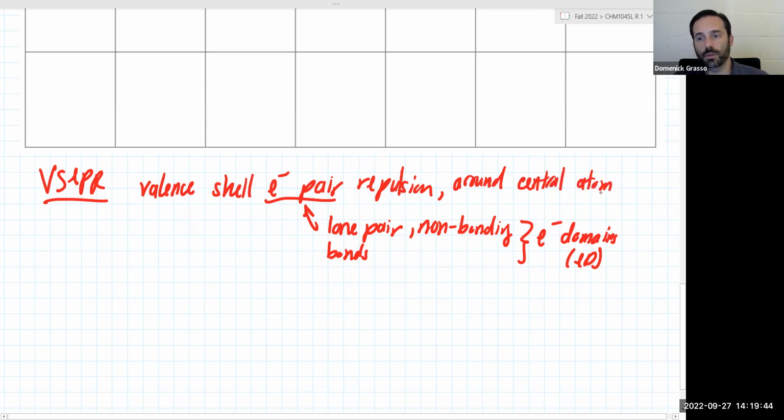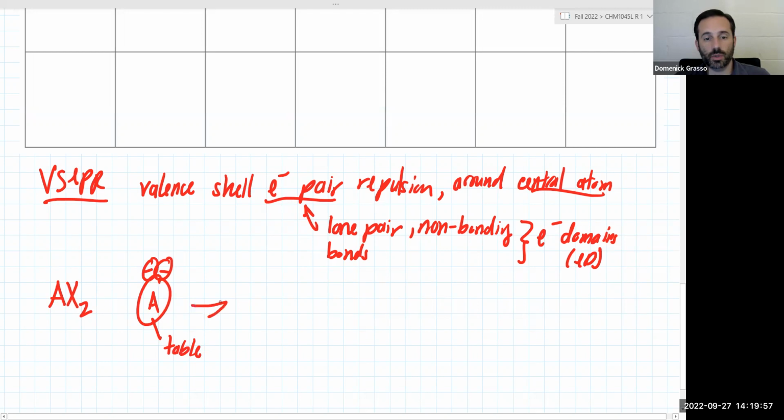What I like to do is think about some examples. Let's say I've got this molecule, and my central atom is like a table. If I've got 2 things around that central atom, for them to be as far away from each other as possible, those magnets pushing each other away, they'd be on opposite sides of the table.